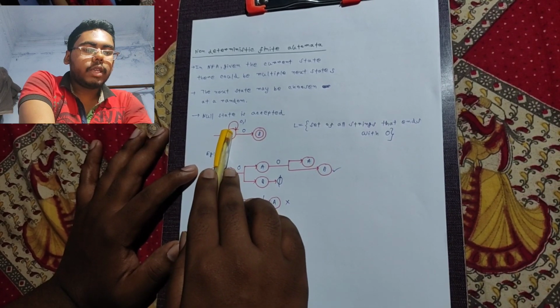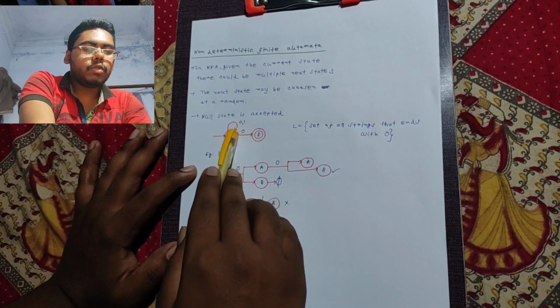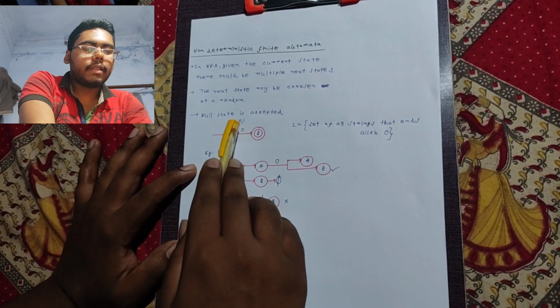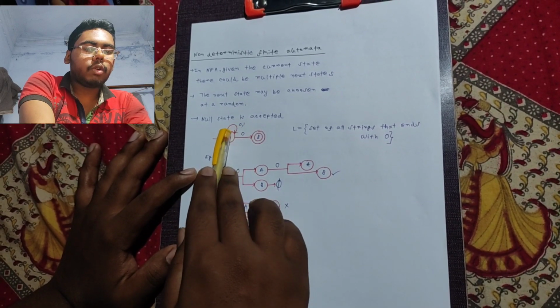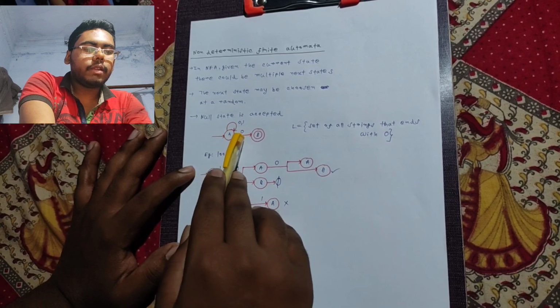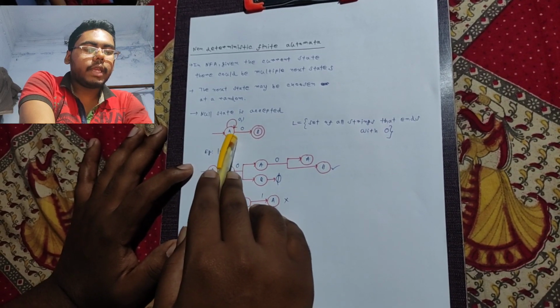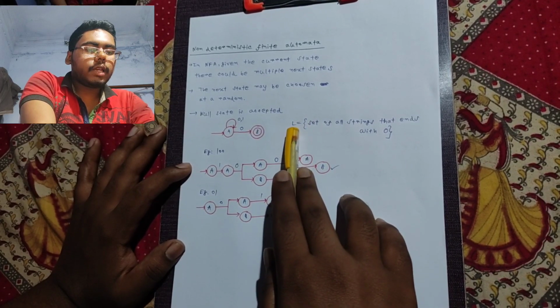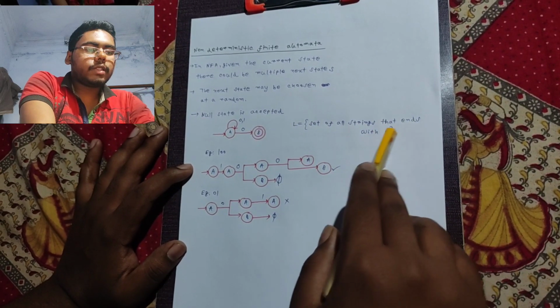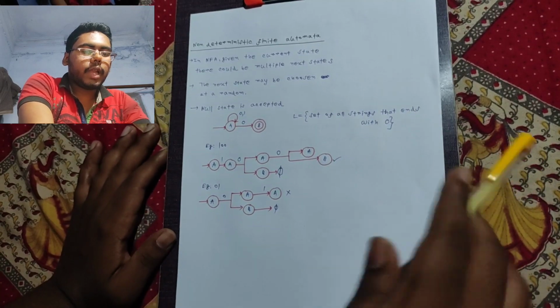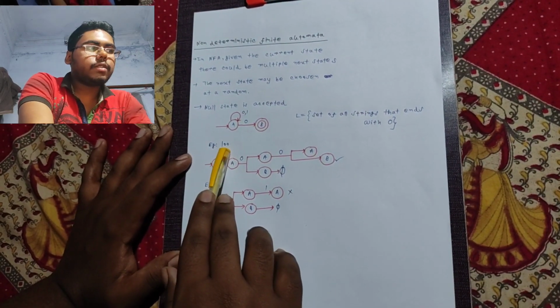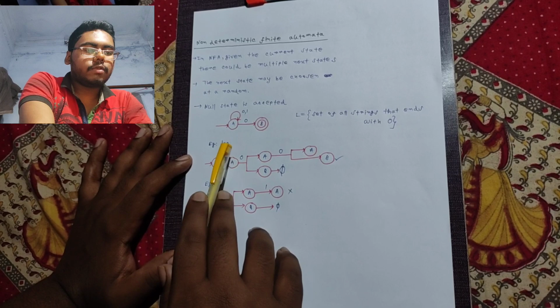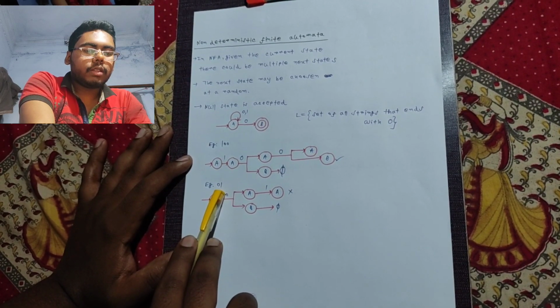And also if we give 0 to A, it creates a self loop, and after 0 if we give 1, it also remains in the self loop at A, it does not go to the final state. Here if we take L as the set of all strings that end with 0, we have taken two examples: 100, a string which ends with 0, and 01, a string which does not end with 0.